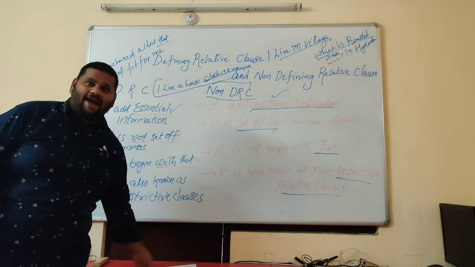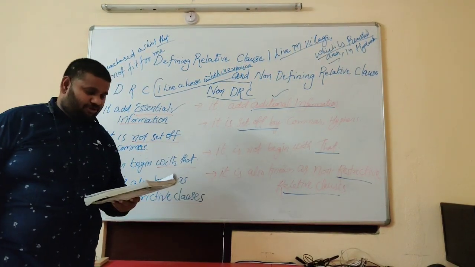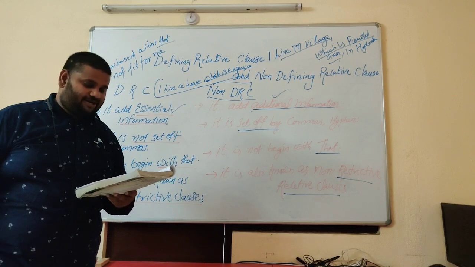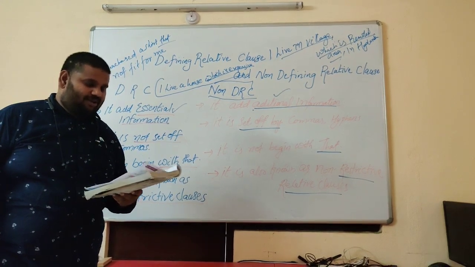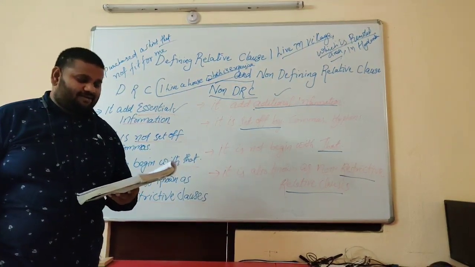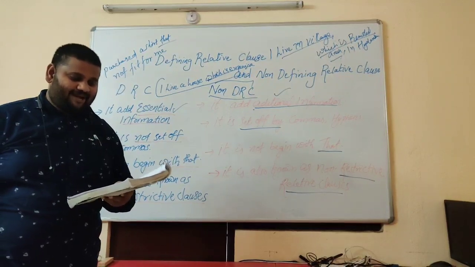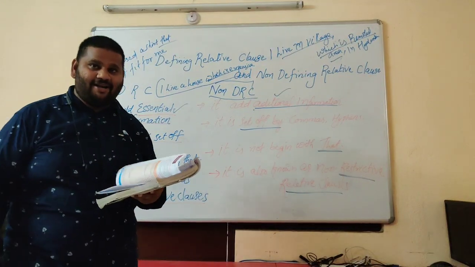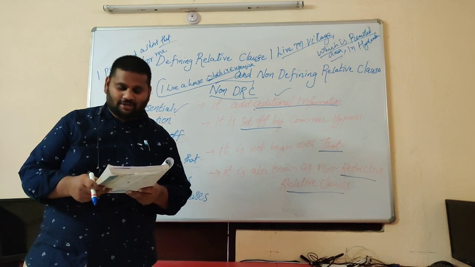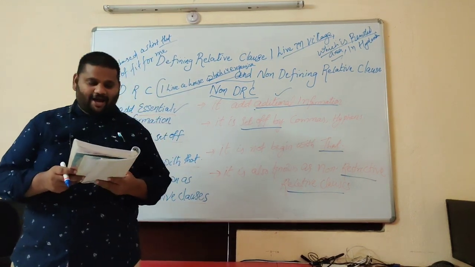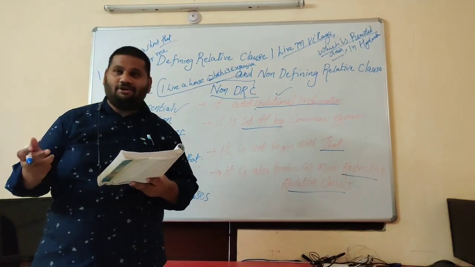Today I have some exercises for you. If you have a textbook, you can turn to the 11th page, second part: read the text again and identify some more defining and non-defining relative clauses. Students, for your help, I have noted some more pages.